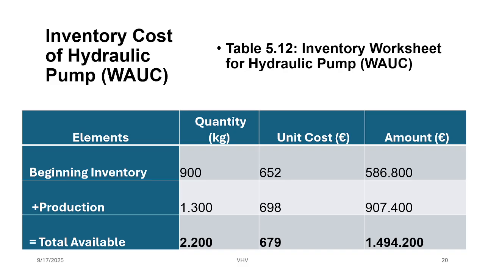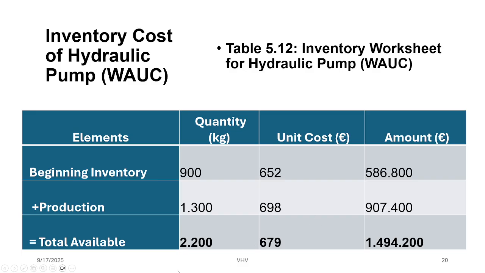I think I made a mistake here. It's not a hydraulic pump, it's the gearbox. So we have to correct it later. Okay, so we started with 900 units valued at 586,800. We add the new production of 1,300 units and add the value of 907,040.